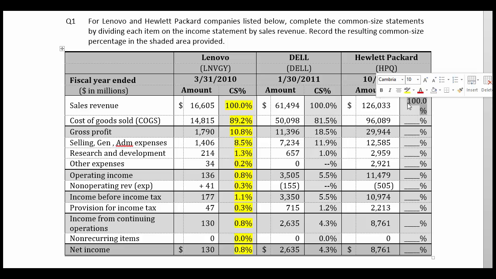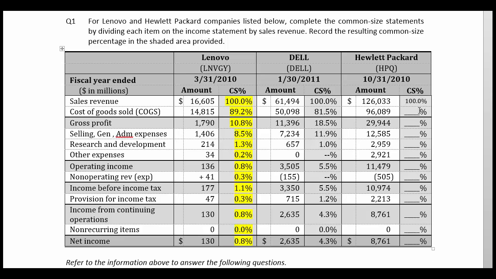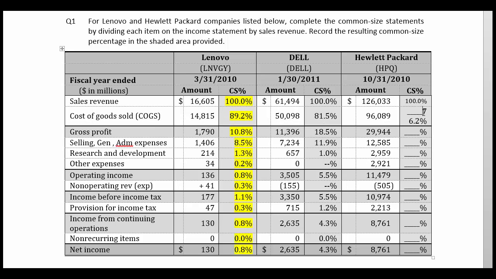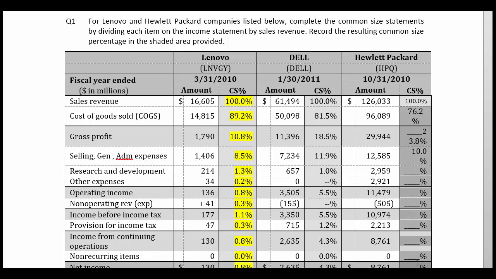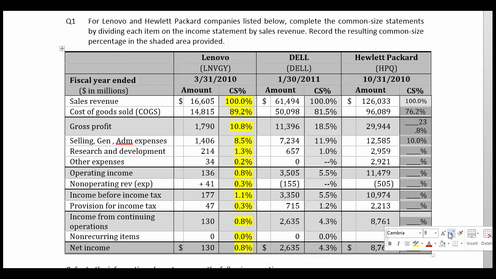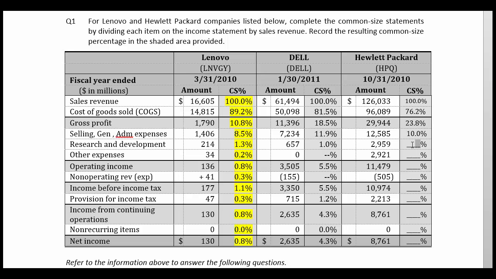Let me just make this a little smaller so that it fits there. 96,089 divided by 126,033 is 76.2%. 29,944 divided by 126,033 is 23.8%. 12,585 divided by 126,033 is 10%. 2959 divided by 126,033 is 2.3%. 2921 divided by 126,033 is 2.3%. 11,479 divided by 126,033 is 9.2%.